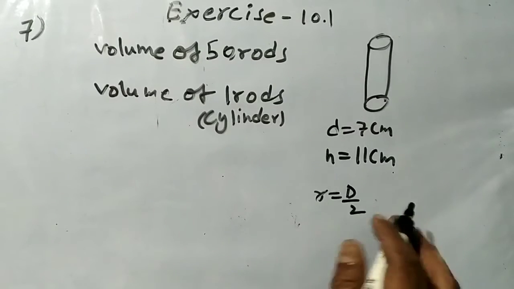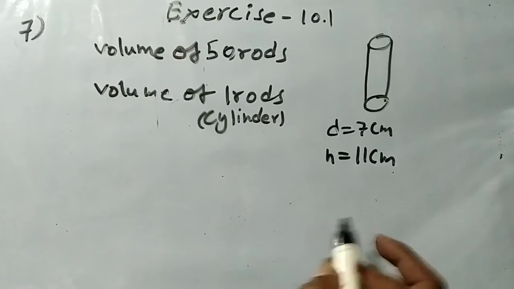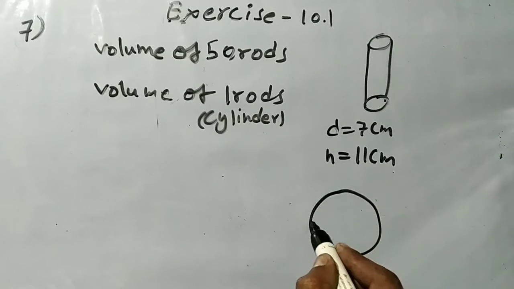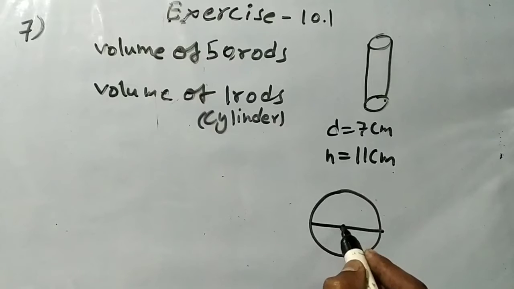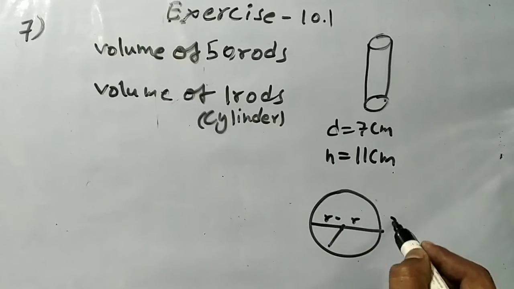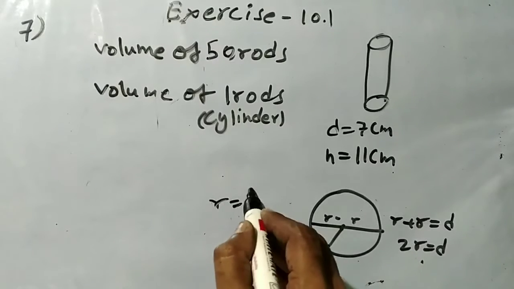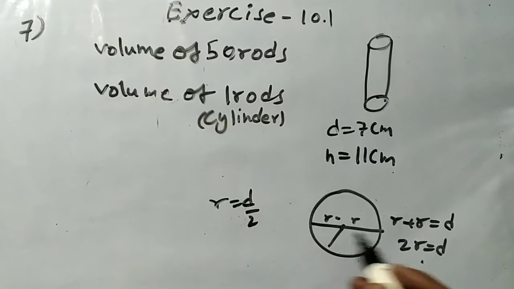The diameter is the total width of the circle, and half of it is R. R plus R is equal to D, so 2R is equal to D, that is R is equal to D/2. We know this relation between radius and diameter.